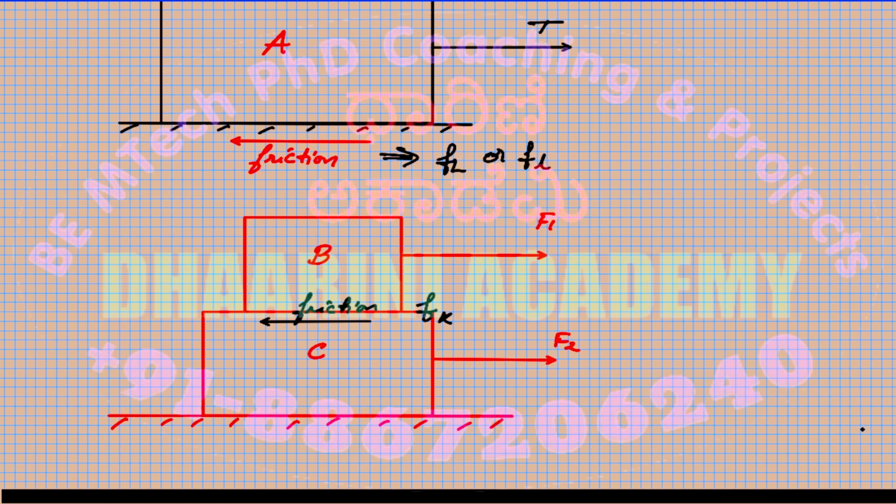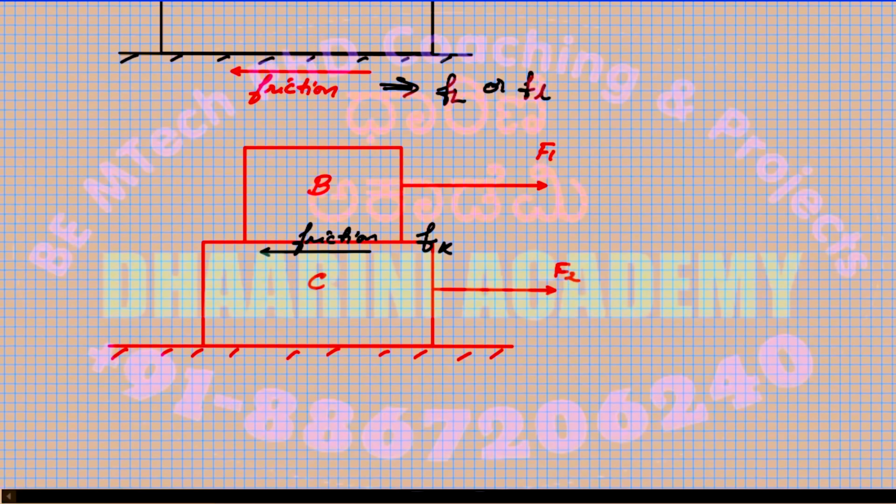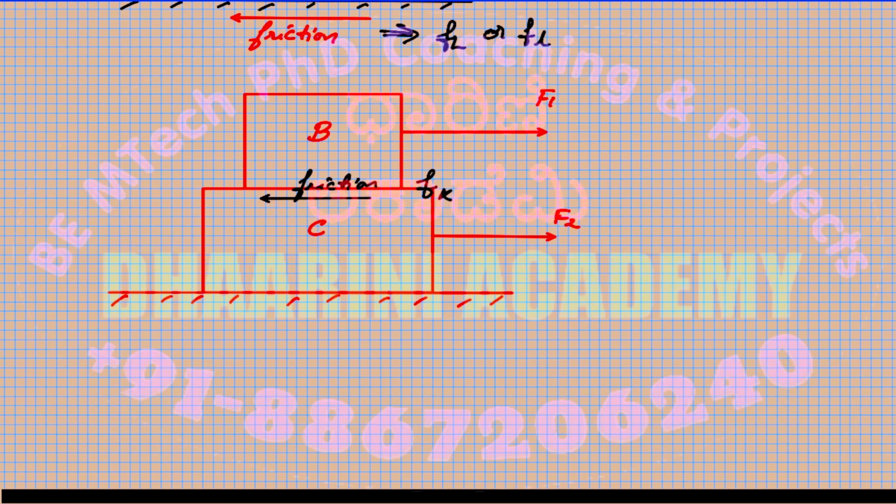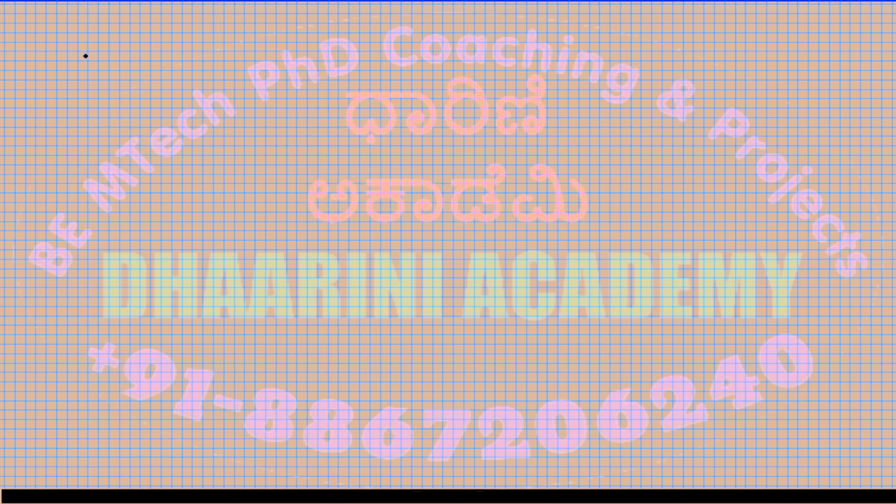All right, now let's consider the values. For a given system, the static friction or the limiting friction FL is a constant.